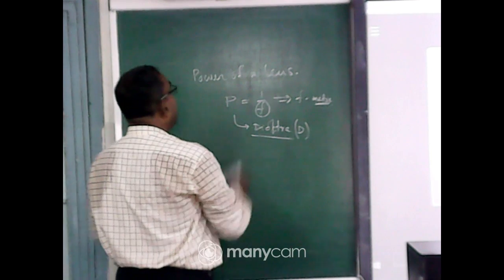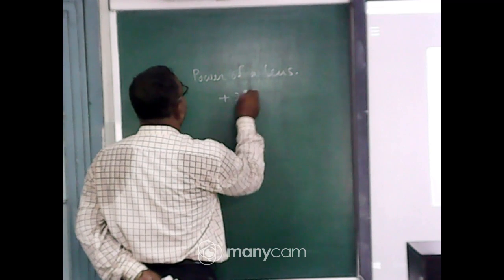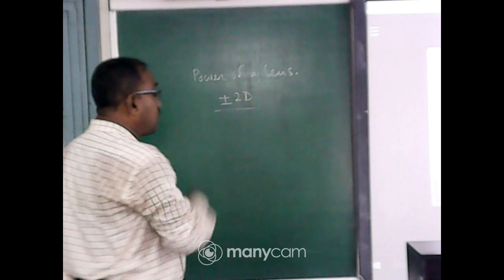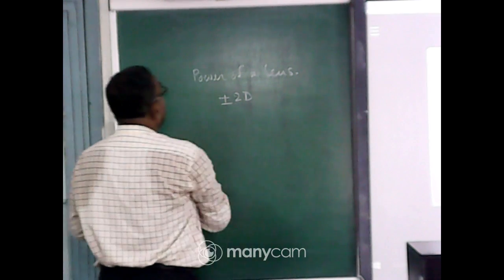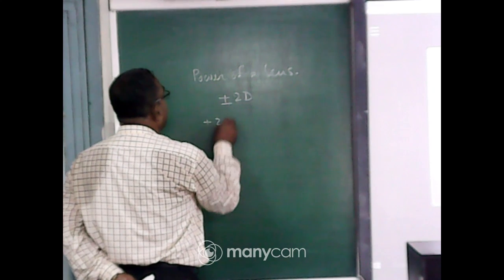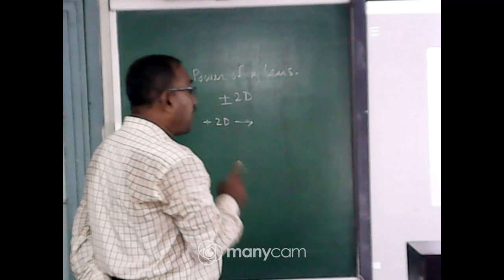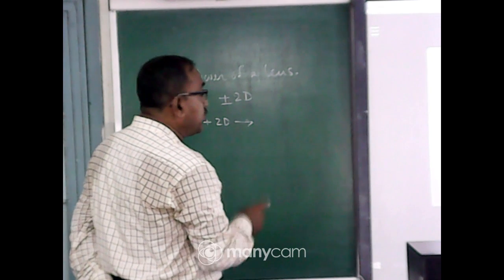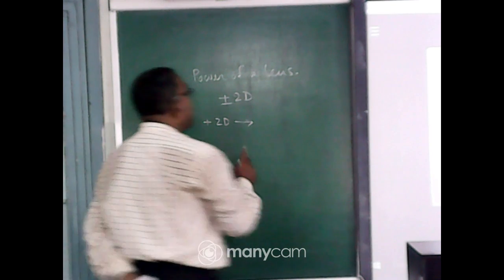Okay. Next part. Suppose you consider plus minus 2D. What is the meaning of it? Plus 2D means it is the power of a lens whose focal length is 50 centimeter.